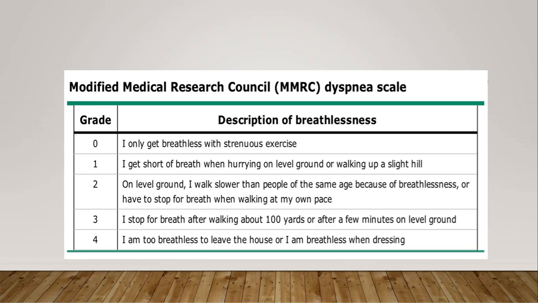So dyspnea at rest is grade 4 in the modified Medical Research Council scale. If the patient has to stop for breath after walking about 100 yards, this is grade 3. If the patient walks slower than people of the same age, it's grade 2. And if the patient gets dyspneic only with strenuous exercise, this is grade 0.